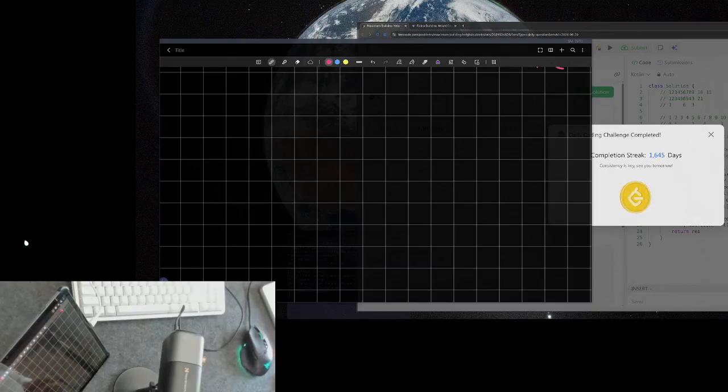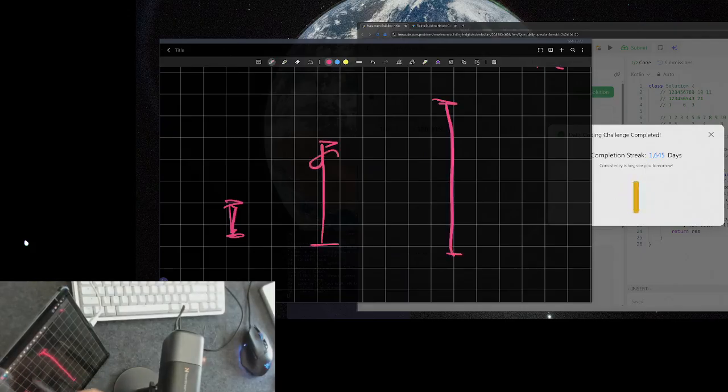Hard problem today. We have some height restrictions. So this height is a maximum that can be, and we are only allowed to grow at most one for each height.